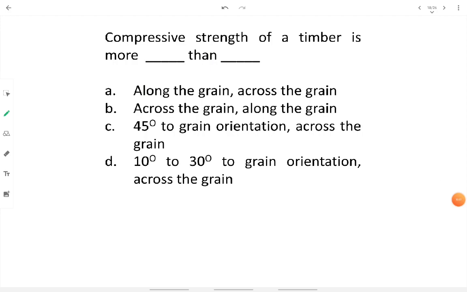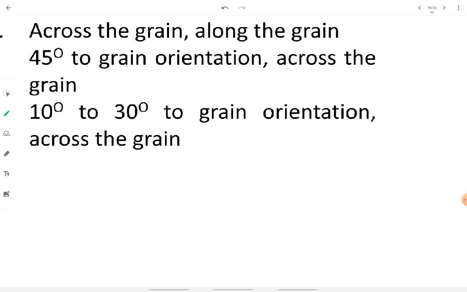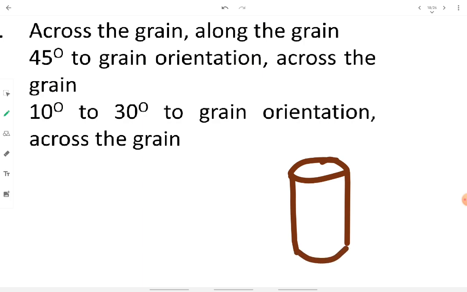Alright, the question says the compressive strength of a timber is more fill in the blank than fill in the blank. We have to do the comparison of along which direction the timber's compressive strength is more or less. We are testing the timber for its strength property along as well as across.